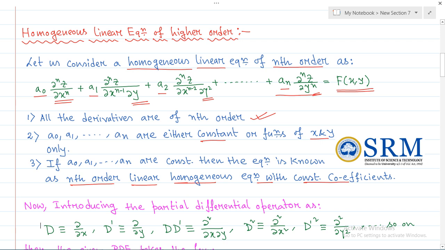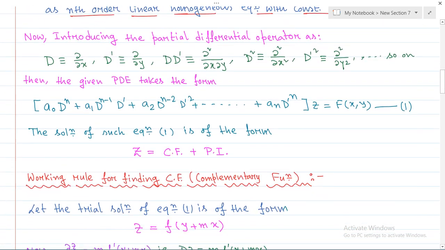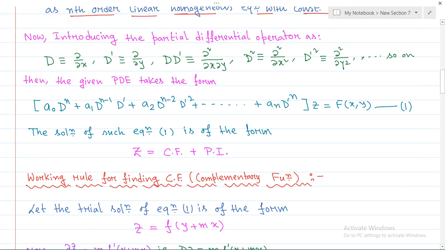Now how do we approach this type of question? Whenever such an equation is given to us, our task will be, first of all, to convert the equation in terms of the differential operator. So we will introduce the partial differential operators: D stands for del by del x, differentiation partially with respect to x one time, the first order partial derivative with respect to x.